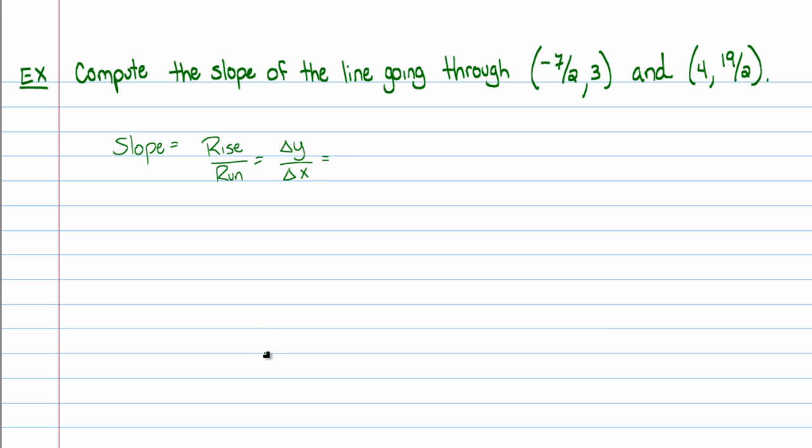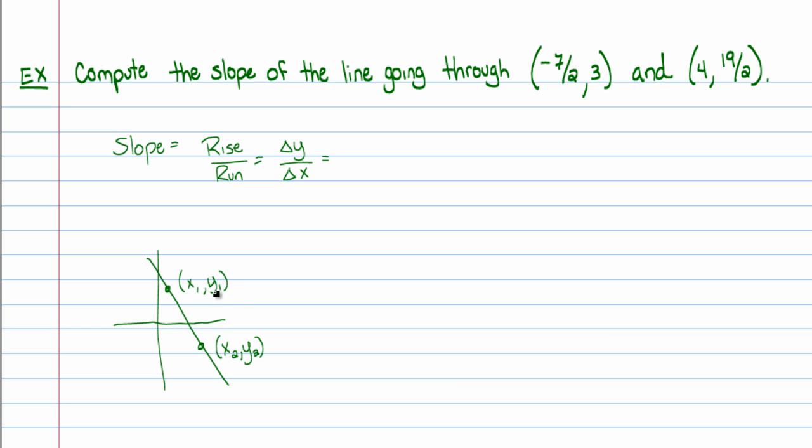Well, let's see, the change in y values. Now, I'm not going to draw a line going through those points. I'm just going to draw a random line here. If I want to know what the change in the y value between these 2 points is, let's just pretend that the first point is called x1, y1, and the second point is called x2, y2.